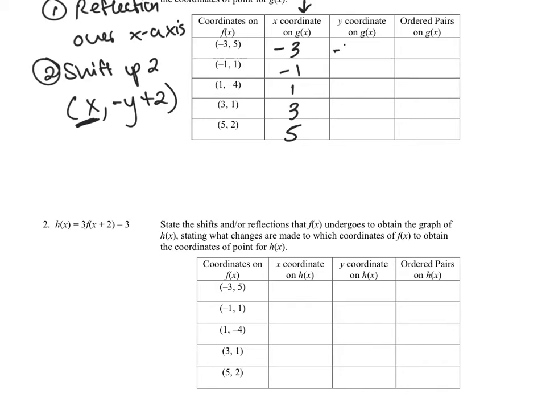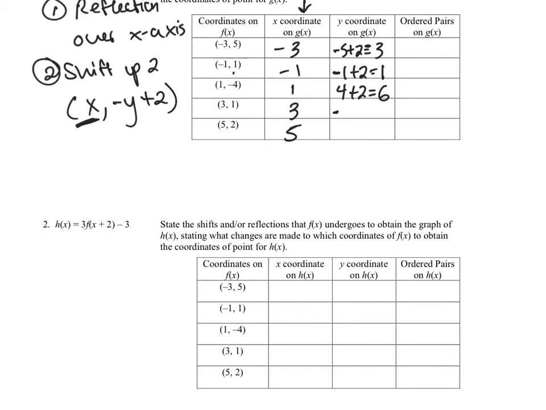So we have negative 5 plus 2, and that is equal to negative 3, okay? In the second part, we have negative 1 plus 2, okay? y now becomes negative, add 2, so y is 1, okay? Now, negative times negative 4 is 4, plus 2, okay? 4 plus 2 is 6, all right?